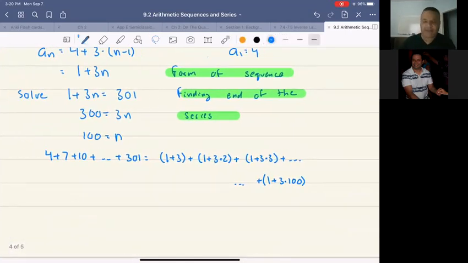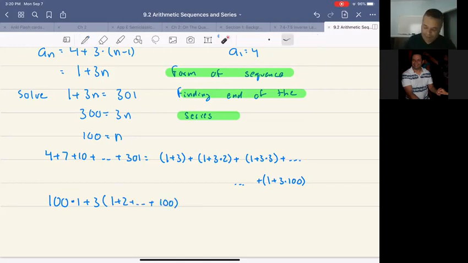Now we have 100 terms, right? So we have 100 times 1, that's for all of these ones, plus 3 times 1 plus 2 all the way up to 100.